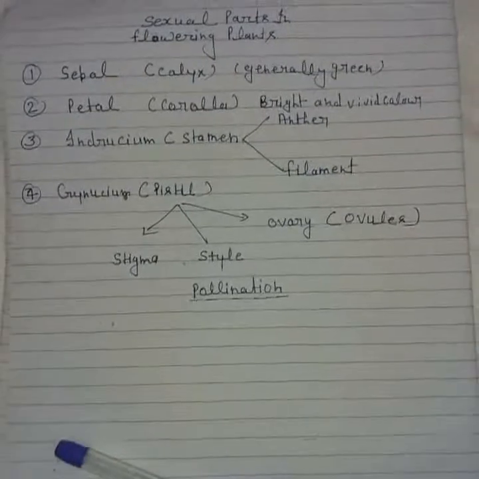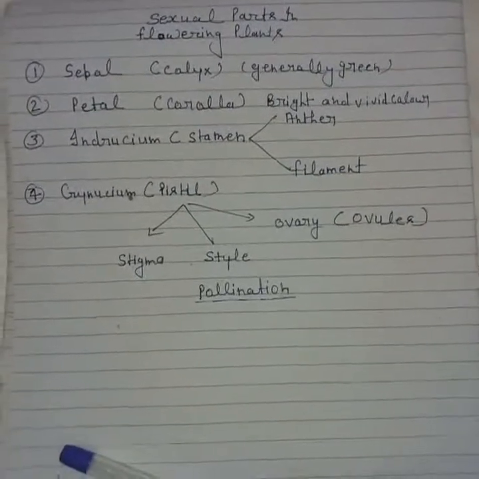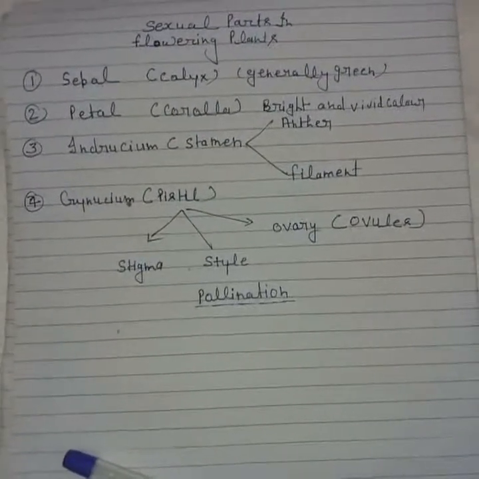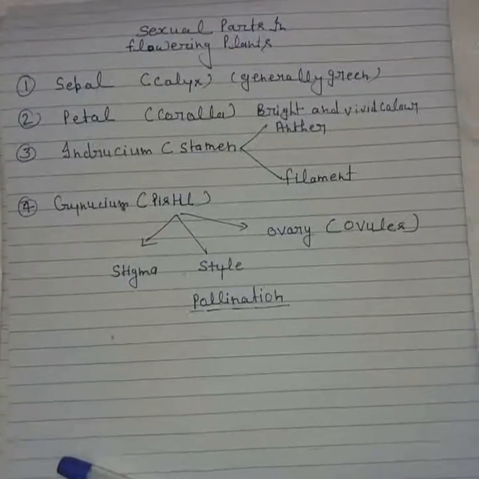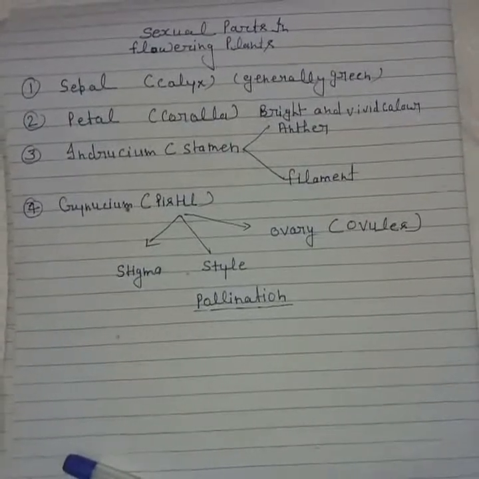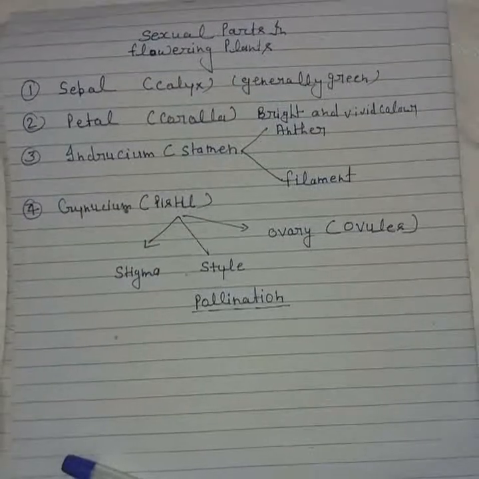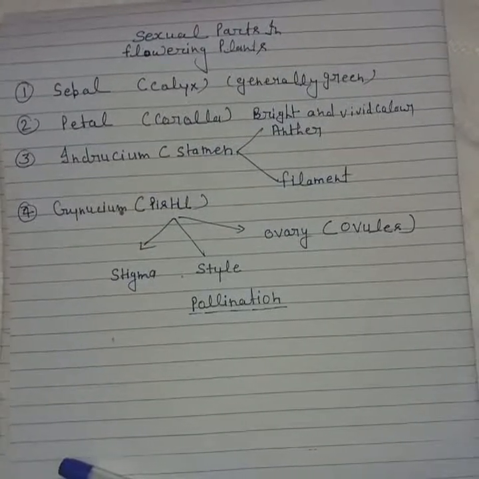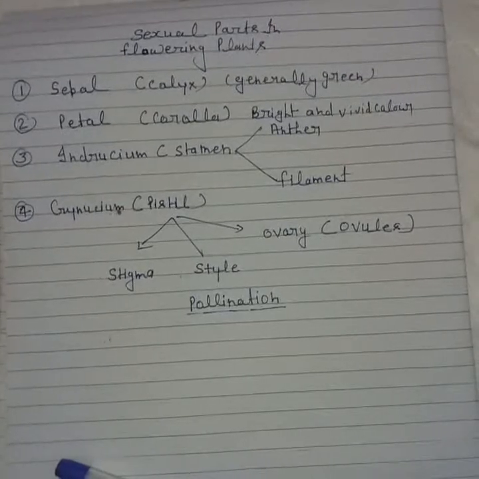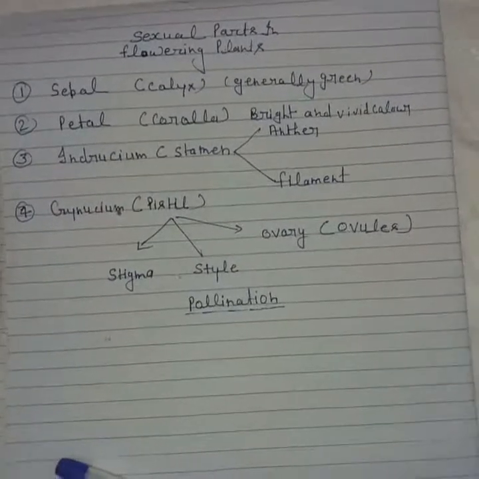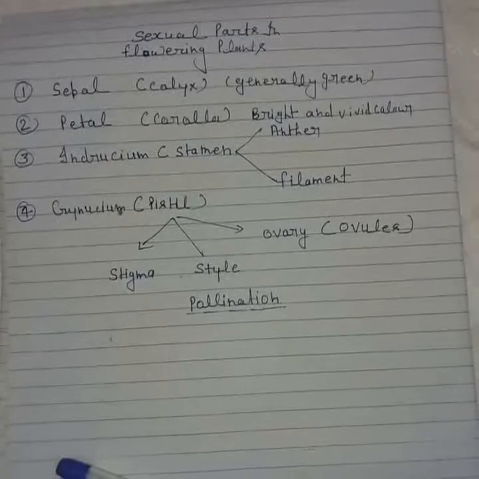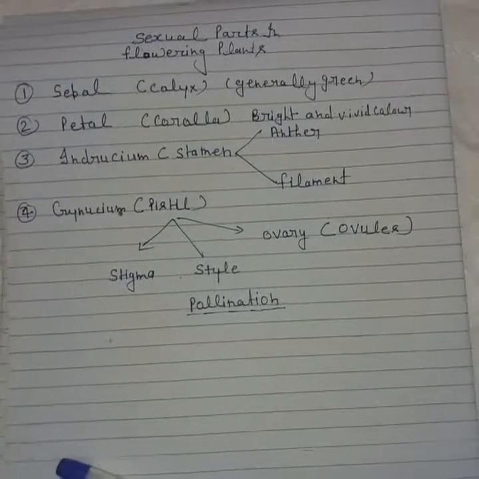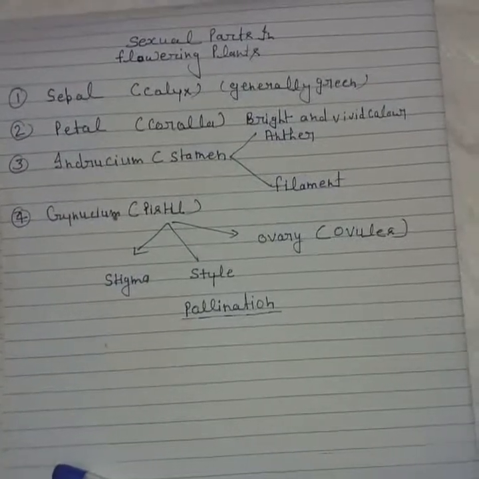A flower has four important parts which help sexual reproduction. The first part is the sepal, generally called calyx. The second part is the petals, called corolla.